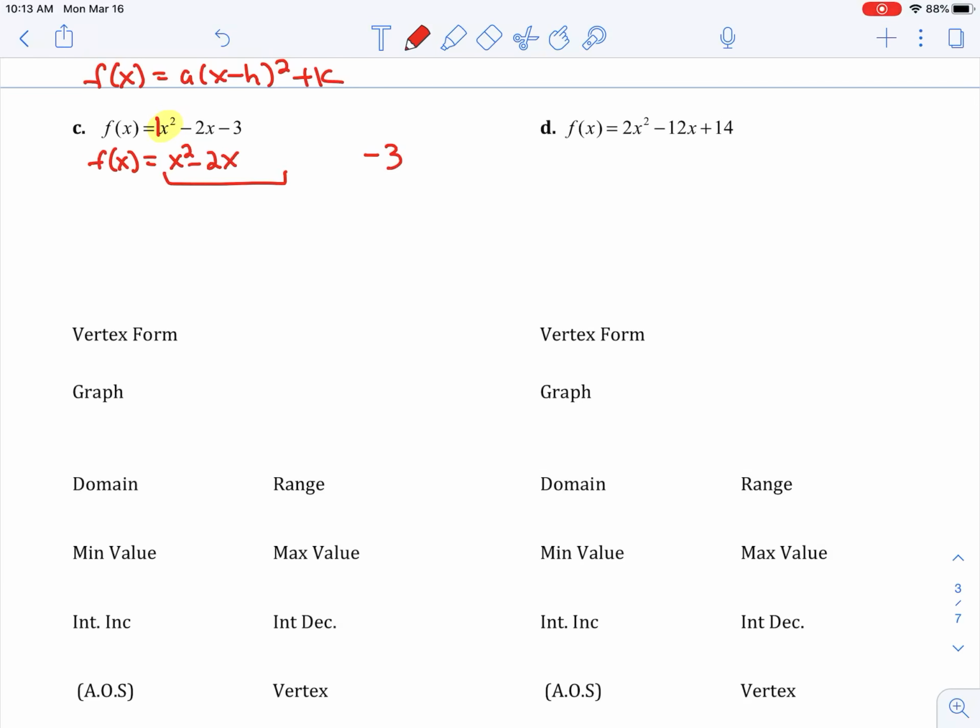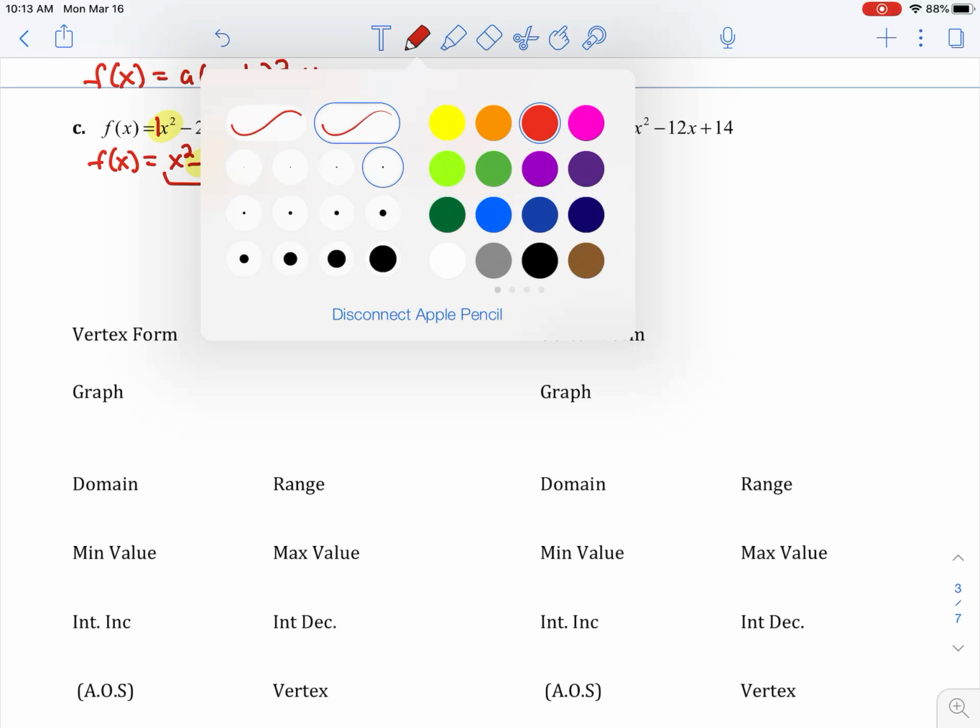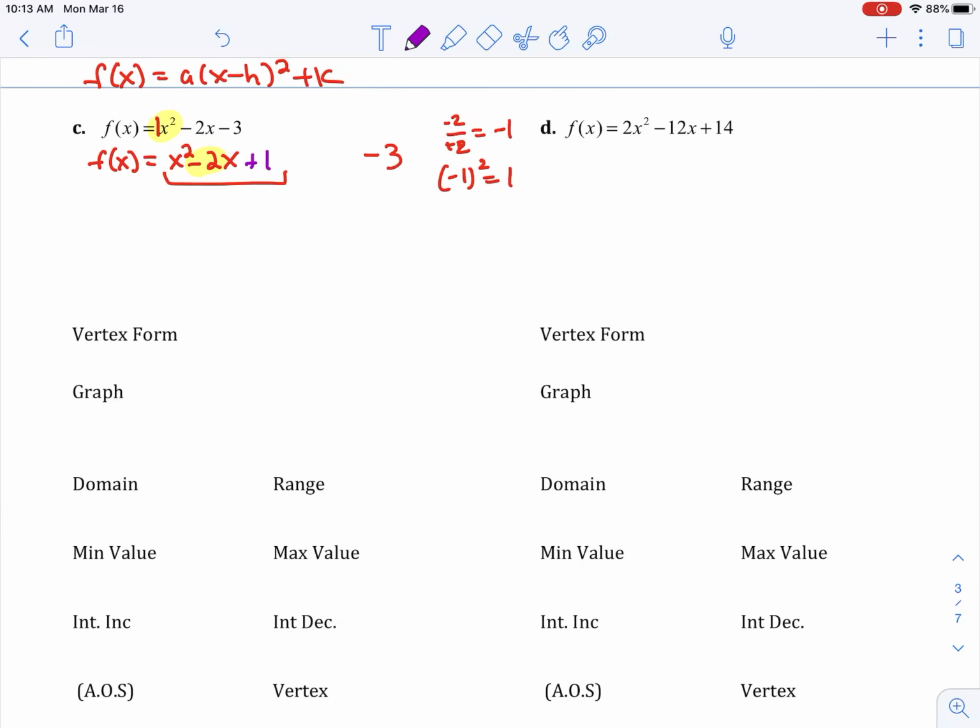So recall, we're going to look at the coefficient of the x term, which in this case is the -2. We're going to take half of that -2, which is a -1. We're going to square that, and we get a positive 1. So we are going to add 1 to the x squared minus 2x.